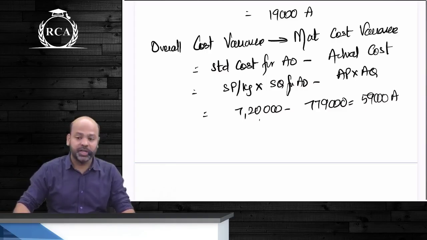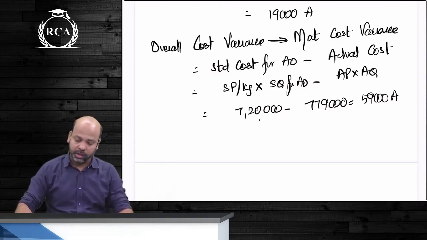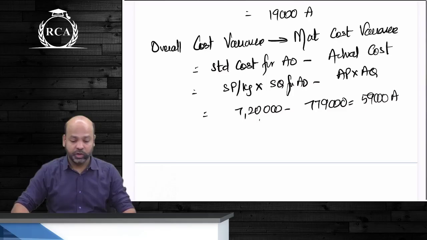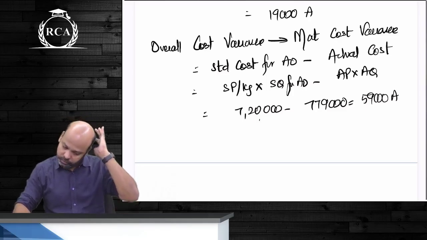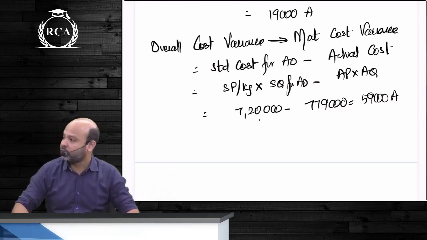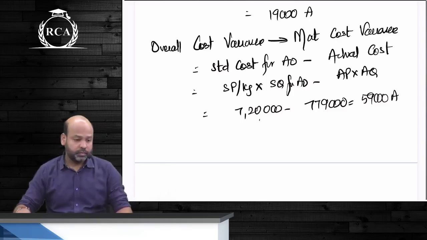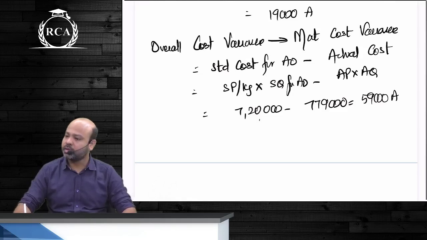Standard price per kg into standard quantity for actual output minus actual price per kg into actual output. Are we all done with this, guys? Yes or no? Any doubt in this so far?